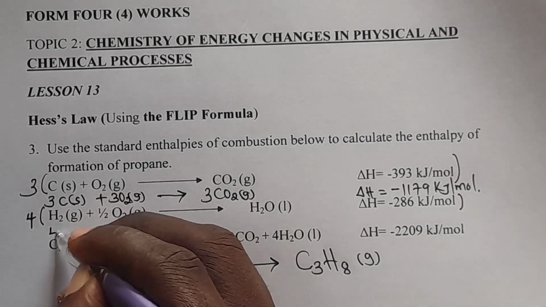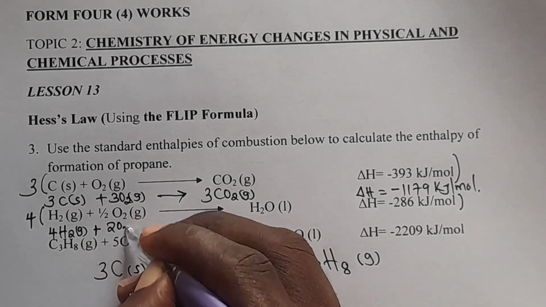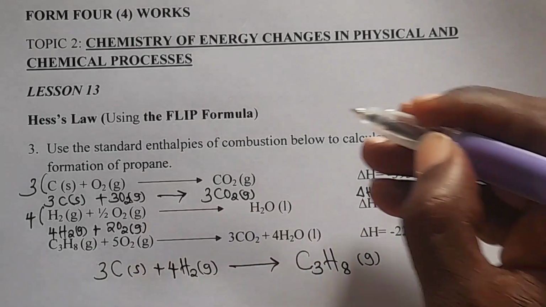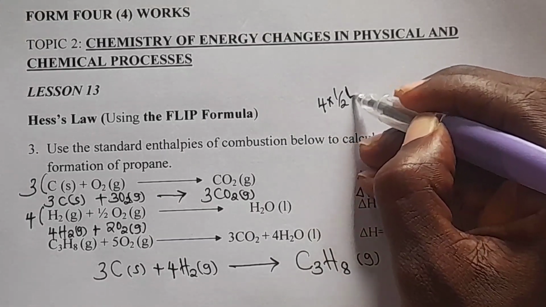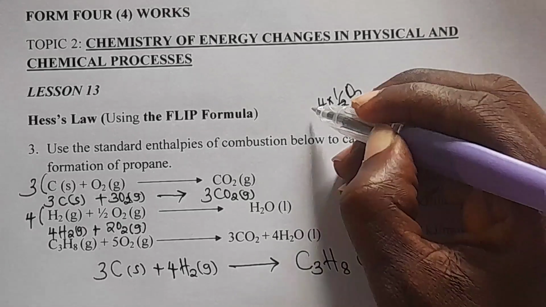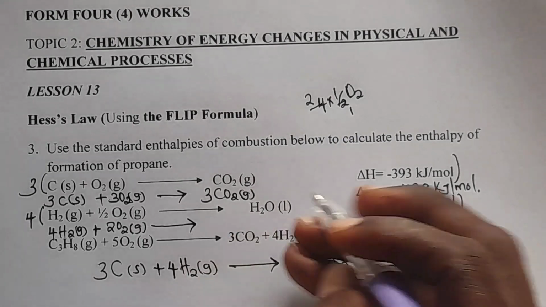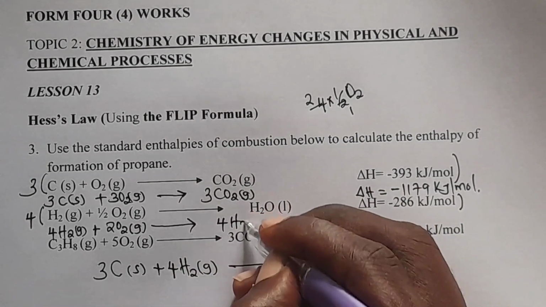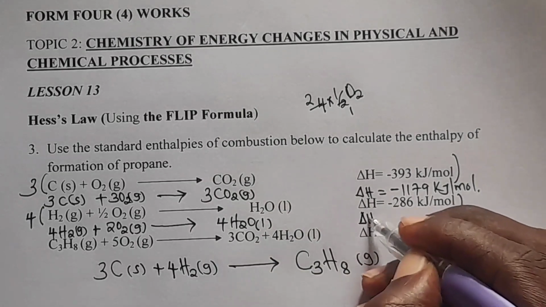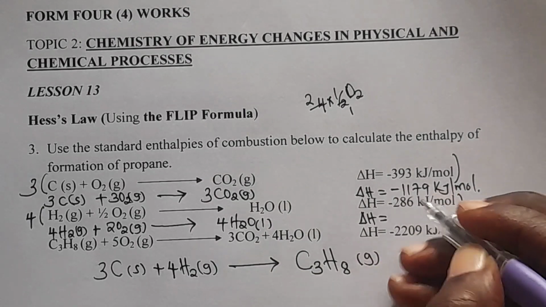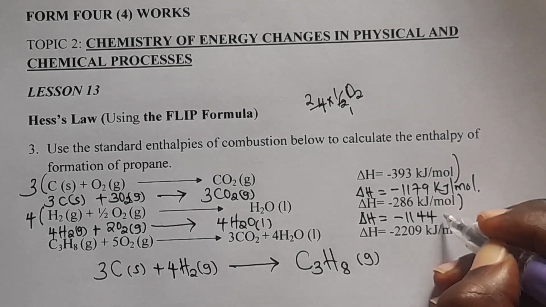We are going to have 4 moles of hydrogen gas plus 2 moles of oxygen gas, because 4 multiplied by a half is 2. Then arrow, 4 moles of water, which is liquid. Multiplying the enthalpy for the combustion of hydrogen by 4, we get negative 1144 kilojoules per mole.